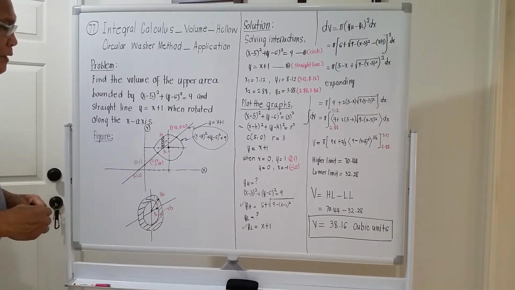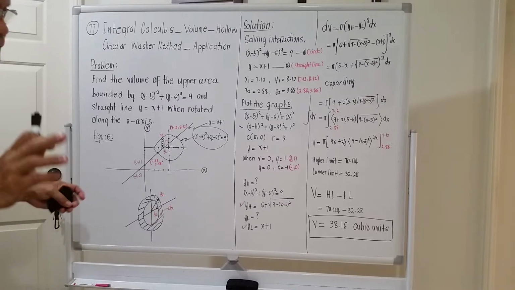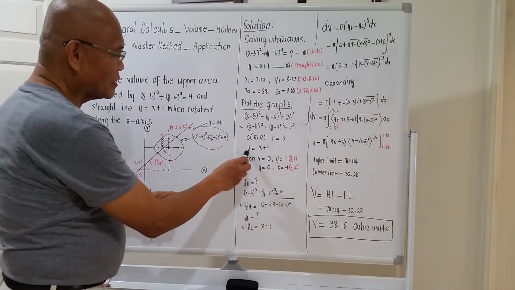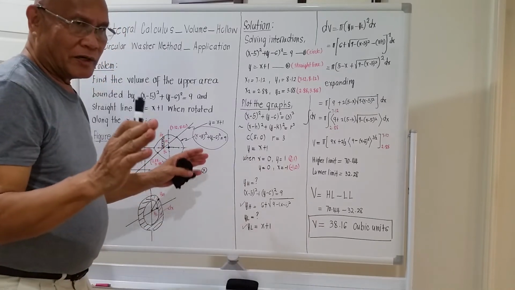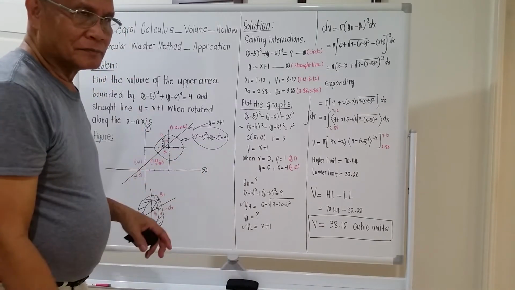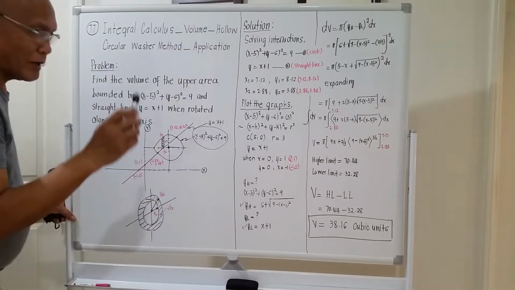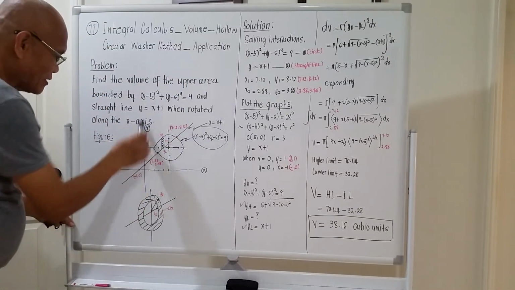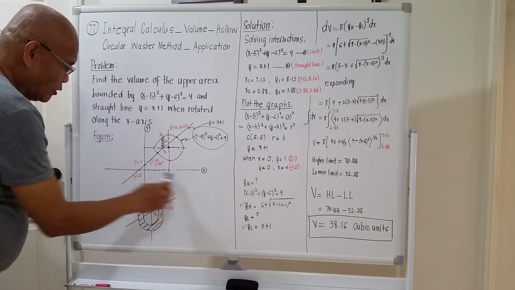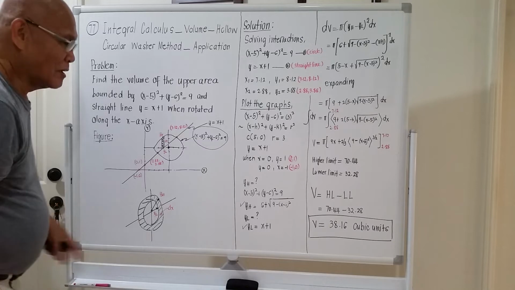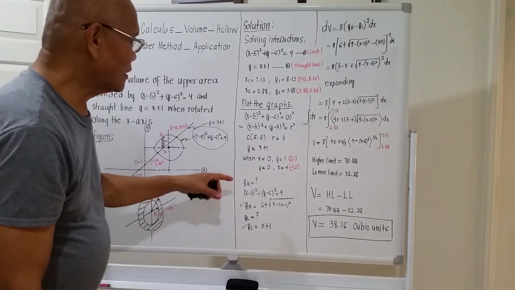Second, we plot the straight line y equals x plus 1. It is easy to plot a straight line. Just pinpoint where the line passes through the y-axis and the x-axis.